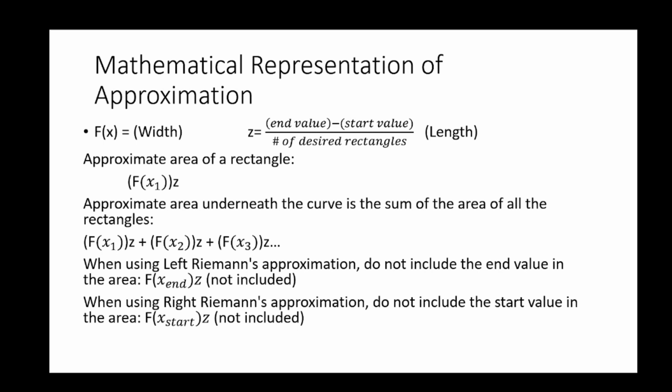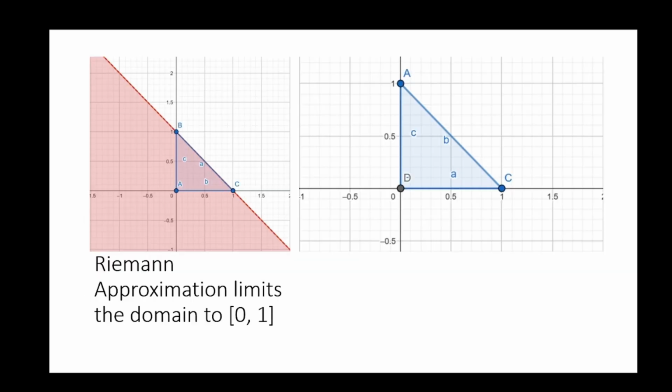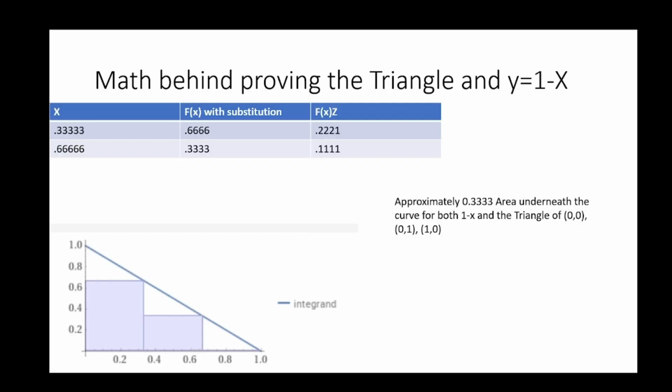The first example that we're going to show today is the midpoint approximation limited to the domain 0 to 1. In this example, we will talk about the math behind proving the triangle and y equals 1 minus x. To find the total value, we need to multiply f(x) times Δx.